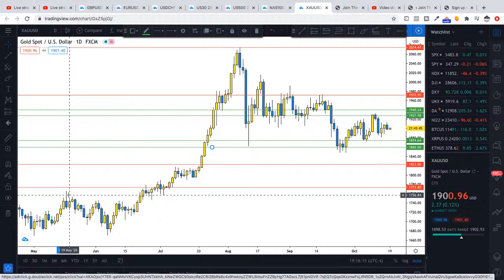We did the S&P500. We did the NAS100. And we did gold. So these are the pairs that I'll be looking at this week, and these are the markups that I will be looking at this week to see what price does when it gets to these zones that I've drawn out here.